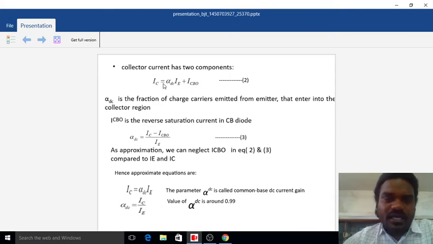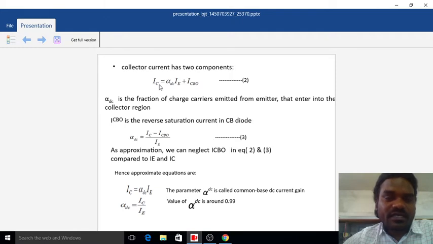Here IC is equals to alpha DC into IE plus ICBO, and IC is nothing but the collector current and it is the output current. And by applying the Kirchhoff current law for the transistor, that is summation of entering current is equals to summation of leaving current.